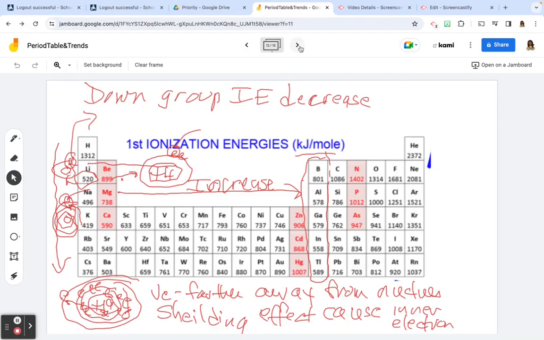The reason why there's a little dip in ionization energy is because these are the elements that introduce the p orbitals. Okay? So the general trend of ionization energy: down a group it decreases, but across a period it increases. I hope you guys could see this.